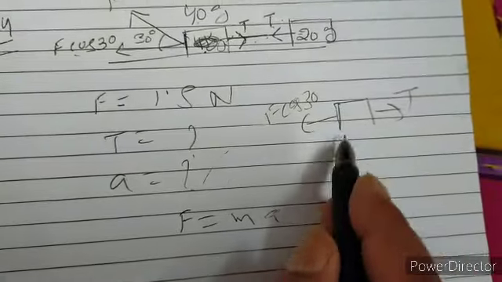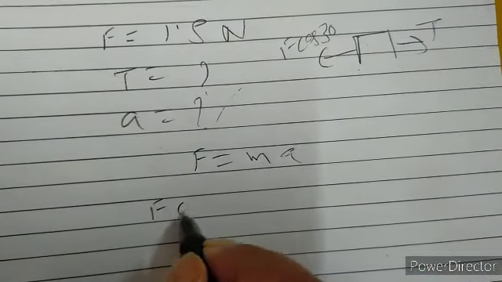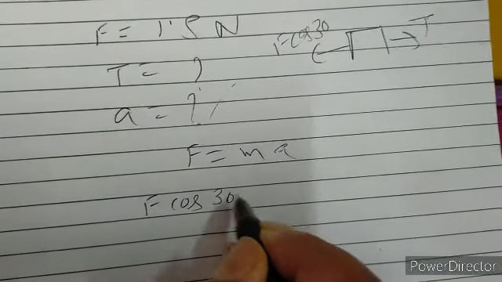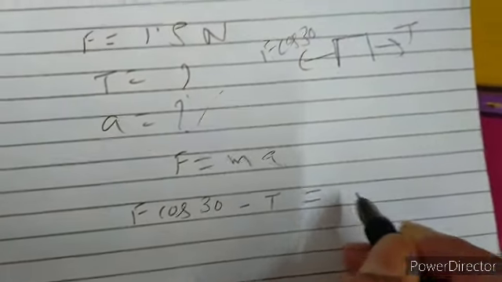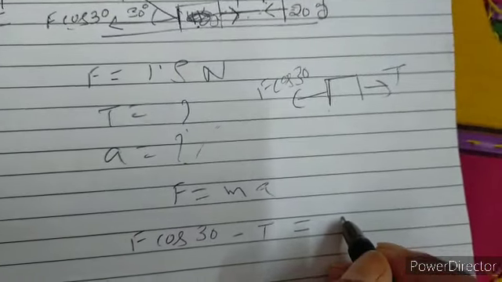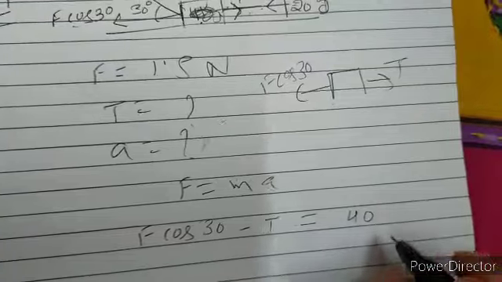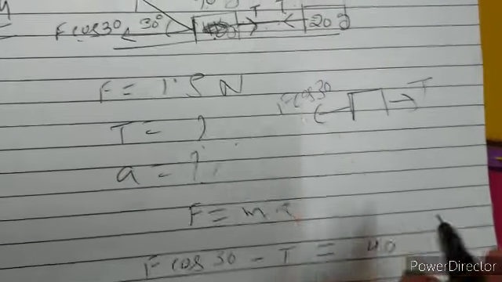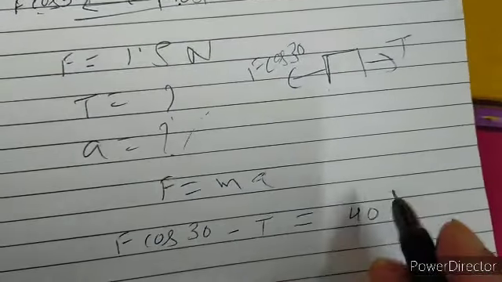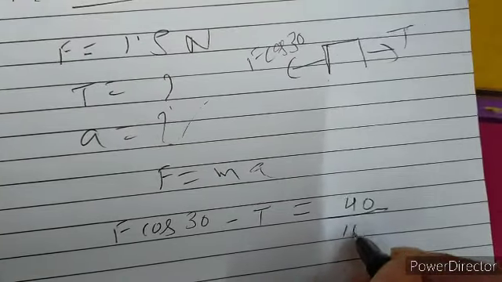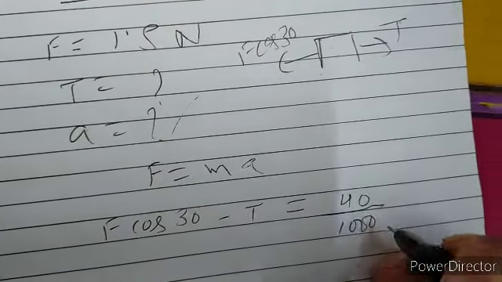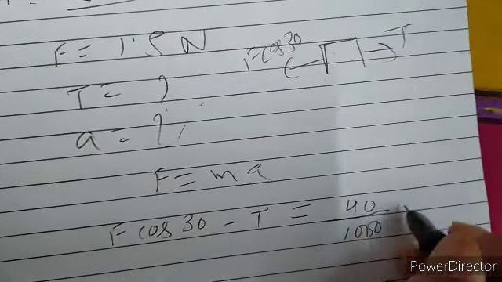Now what is the net force on this block? F cos 30 minus T is equal to 40 gram, and this is in Newton, therefore we have to change this into kilogram, 40 by 1000. This is mass and acceleration is a.